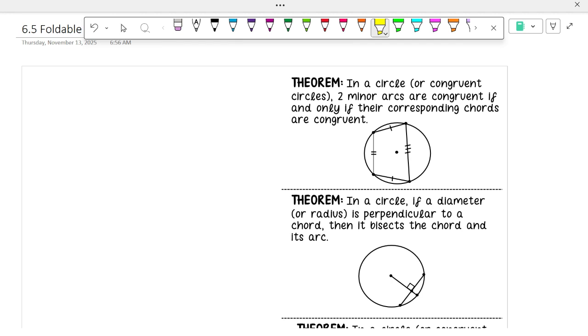It's not going to be degrees anymore because we're not finding angle or arc measures. So looking at this first one, let's look at the first theorem. It states, in a circle or congruent circles, 2 minor arcs are congruent if and only if their corresponding chords are congruent. So we kind of saw this a couple of days ago in our notes.